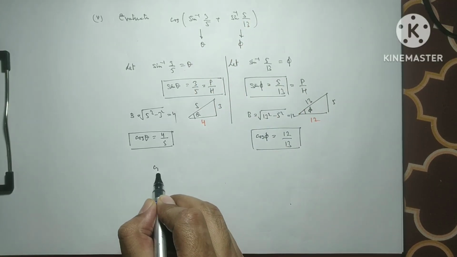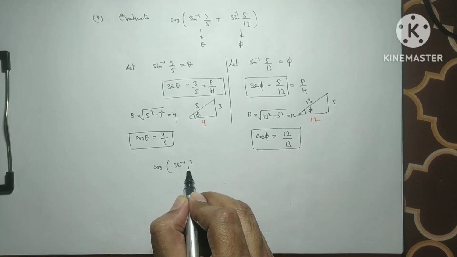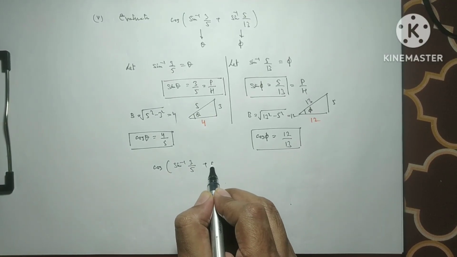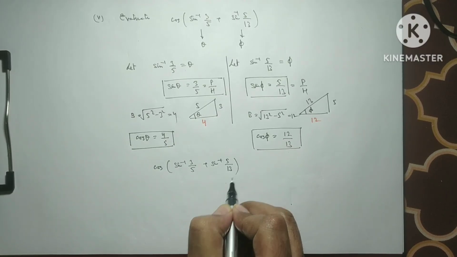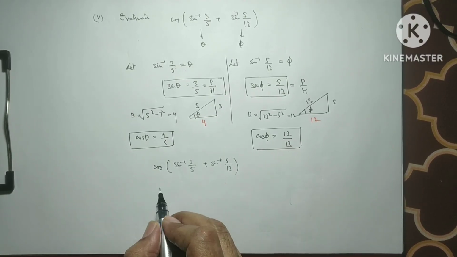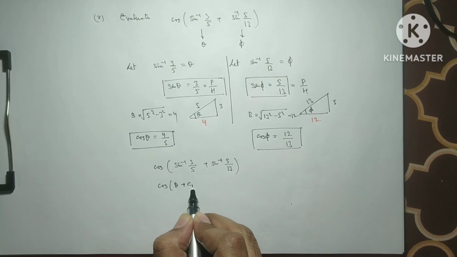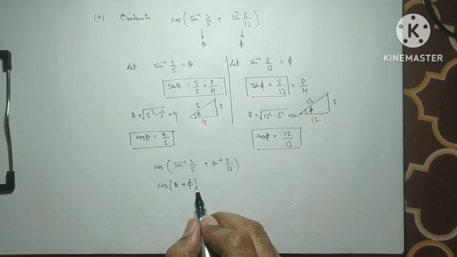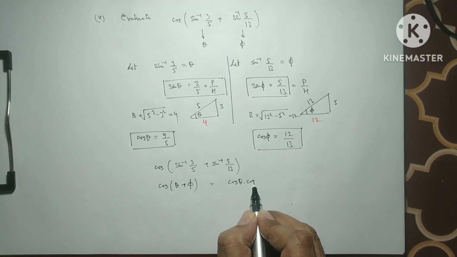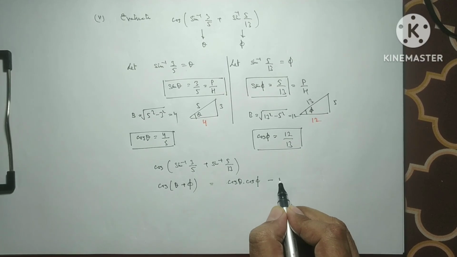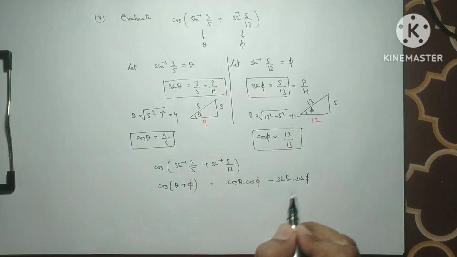It means cos of sin inverse 3/5 plus sin inverse 5/13, and it is theta and this is phi. It means this is cos of theta plus phi, and the formula of this is cos theta cos phi minus sin theta sin phi.